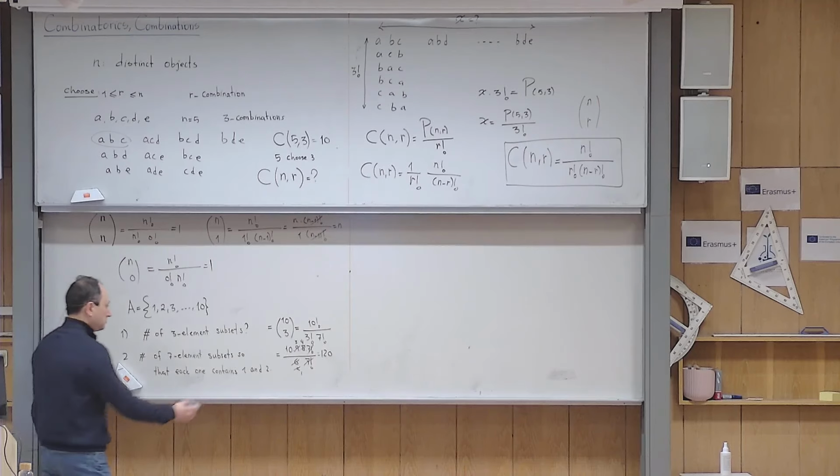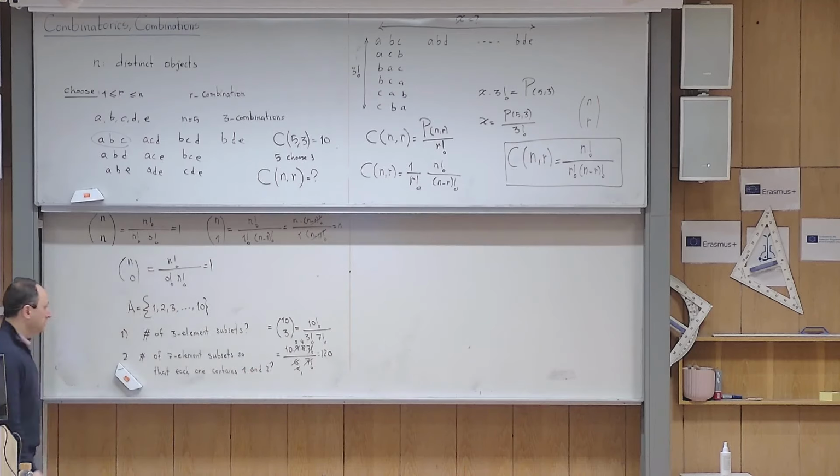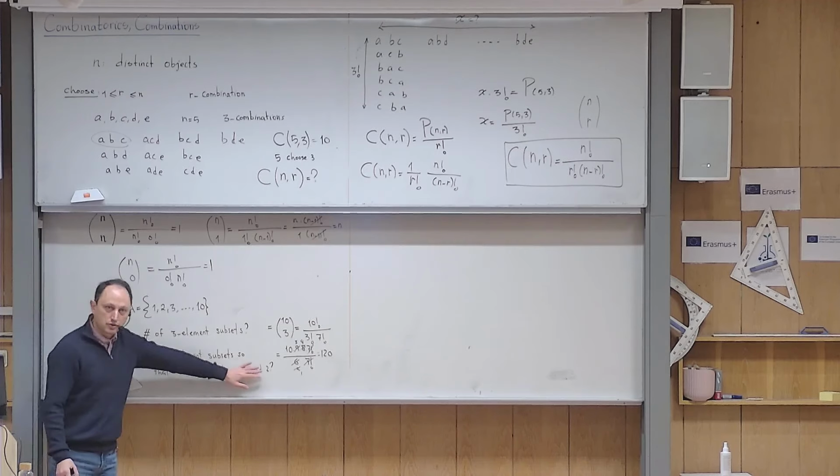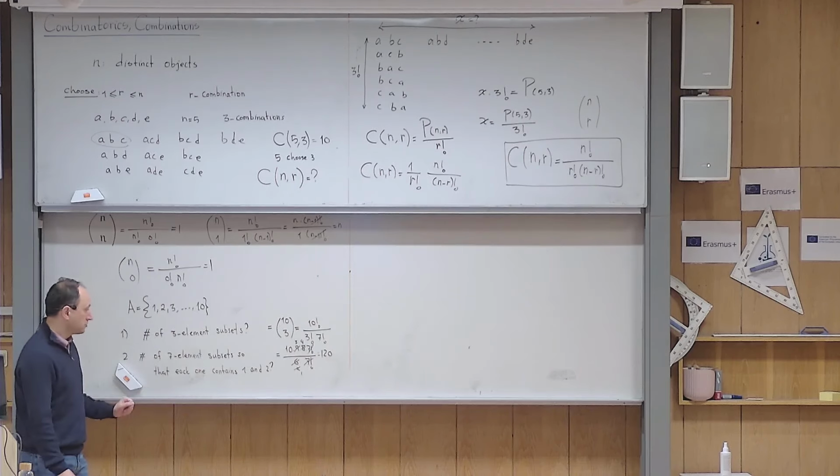So that's also a simple classic example. Here I want to choose 7-element subsets. If there are no constraints, what is the answer? 10 choose 7. But now I have given you some constraints.